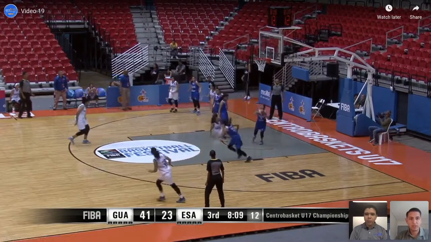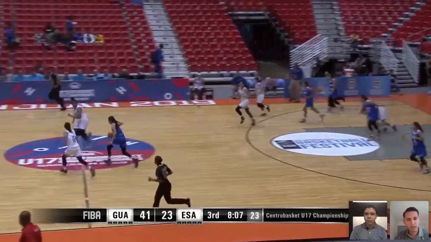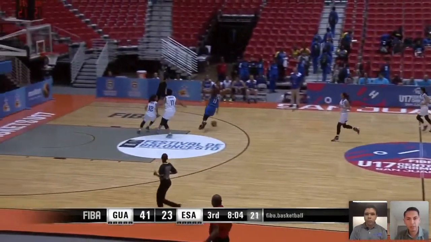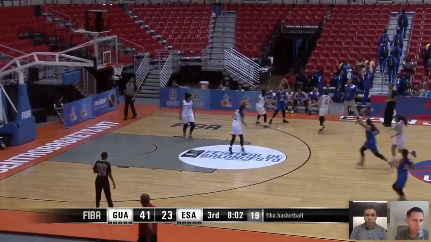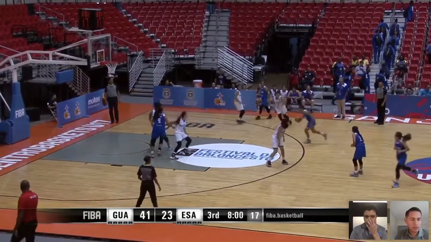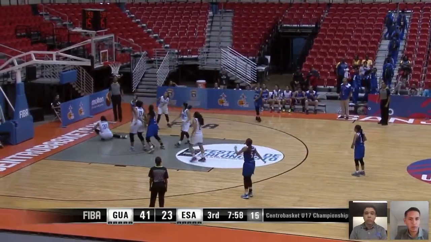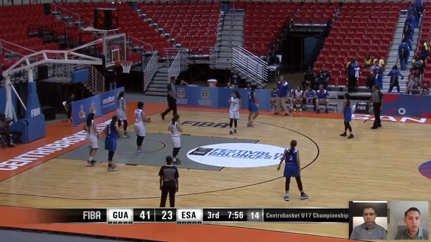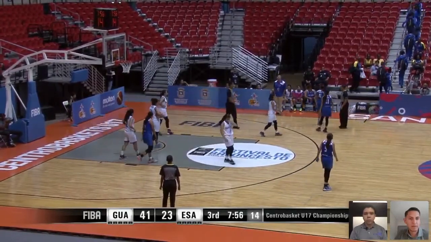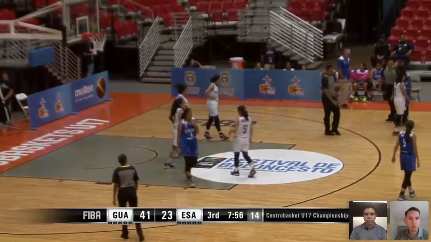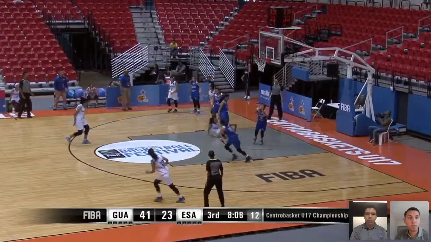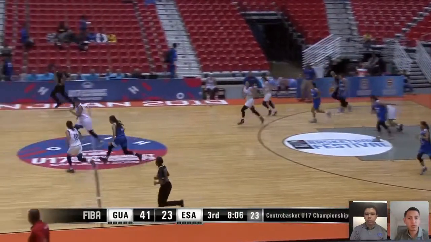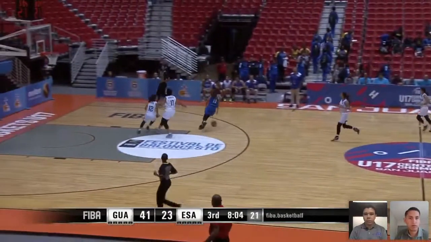And the last one is a play kind of similar to one of those that we played before. We have a transition, and we have the referee on the baseline. We have a drive to the basket, and then we have a non-call. After that, we have a complaint from the blue team coach, and we have a technical foul.